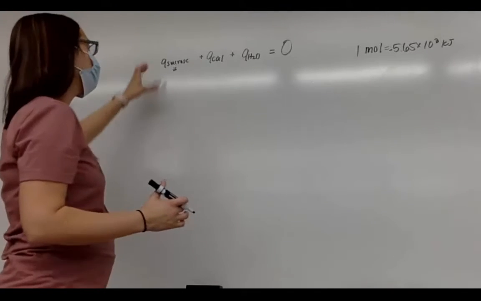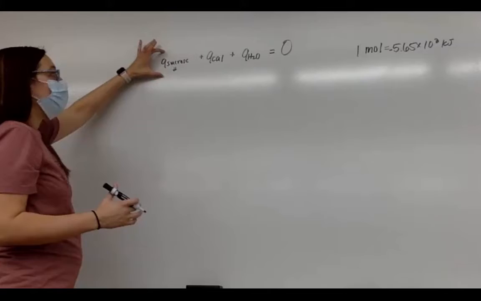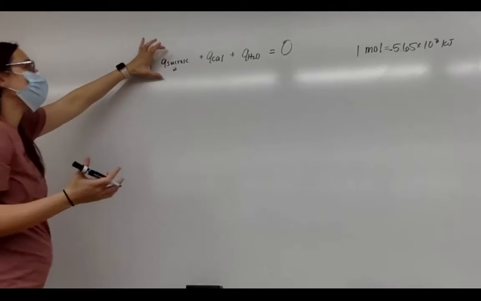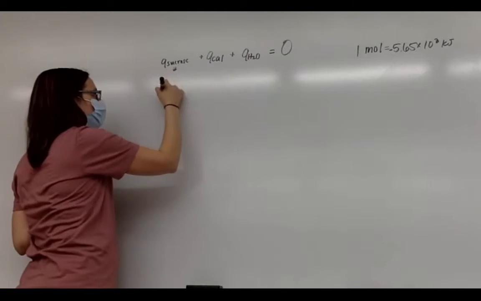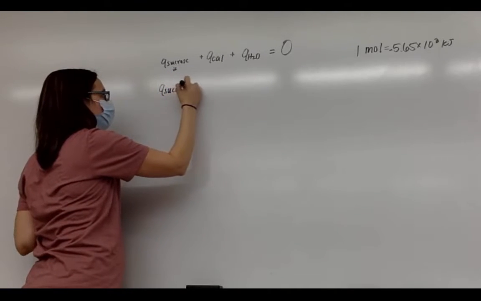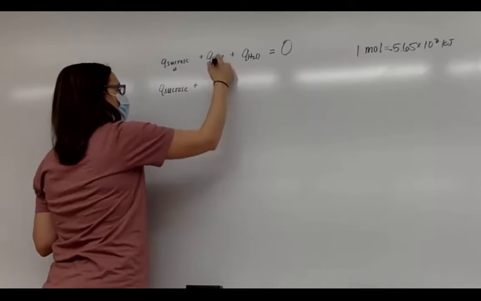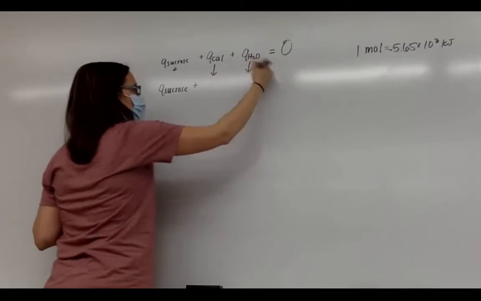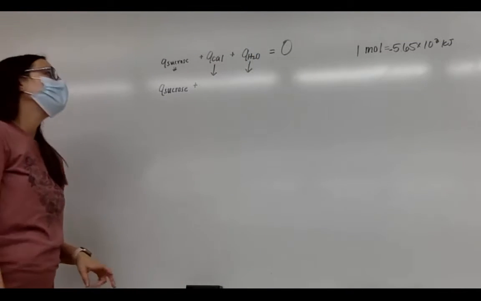Because we're trying to figure out how much is being burned. And so we need to know how much heat do we have. So we're going to solve for Q of sucrose. If I'm solving for Q of sucrose, that's my variable. That's what I'm solving for. Which means I'm going to go ahead and plug in variables for Qcal and Q of H2O.